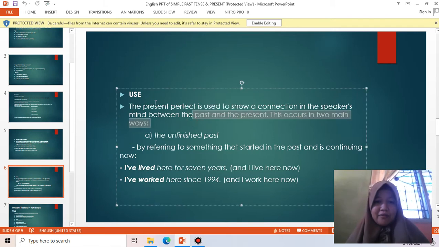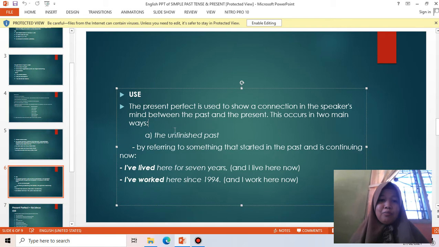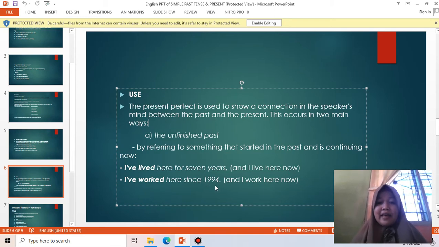The present perfect tense is used to show a connection in the speaker's mind between the past and the present. This occurs in two main ways. A. The unfinished past, by referring to something that started in the past and is continuing now. For example, I have lived here for 7 years and I live here now. I have worked here since 1994. It means until now I work here.